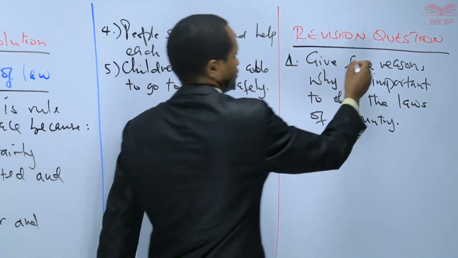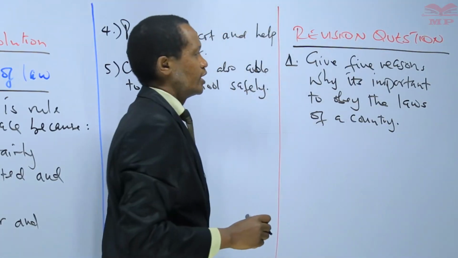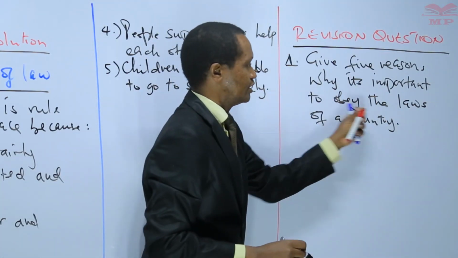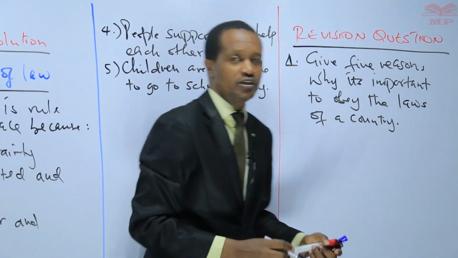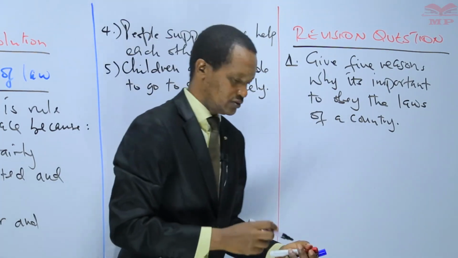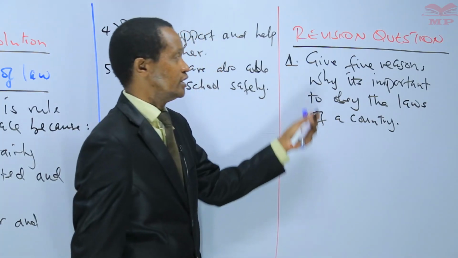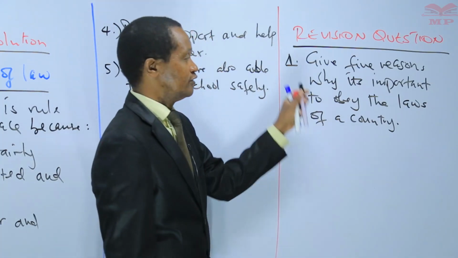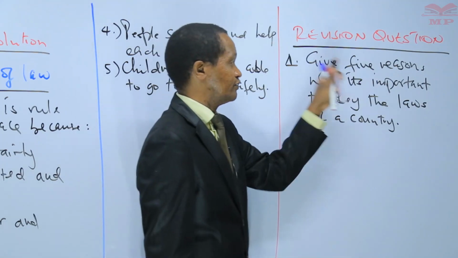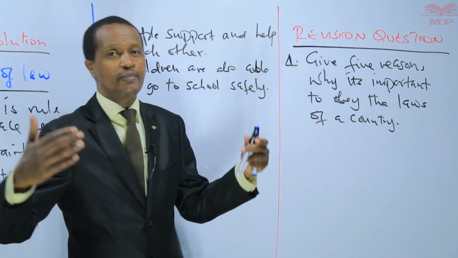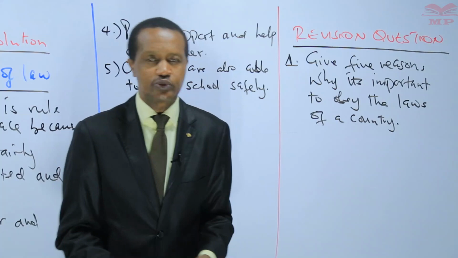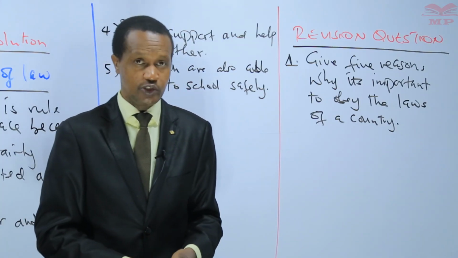Give 5 reasons why it's important to obey the laws of a country. When answering this question, please don't refer to your notes. Close your exercise book. Then try and see if you are able to give the 5 reasons that we have learned in today's lesson.